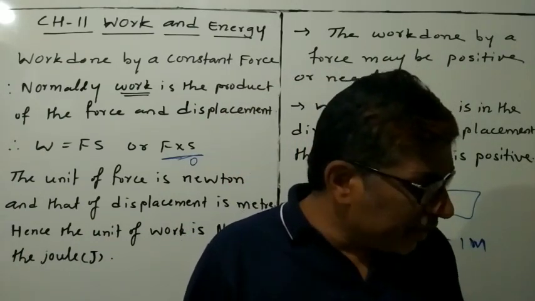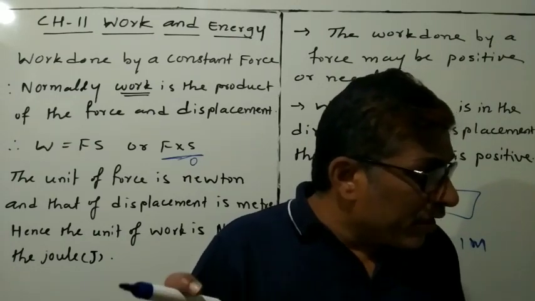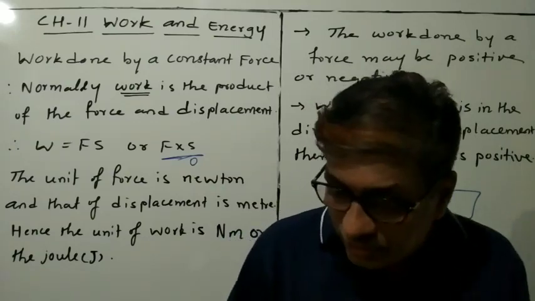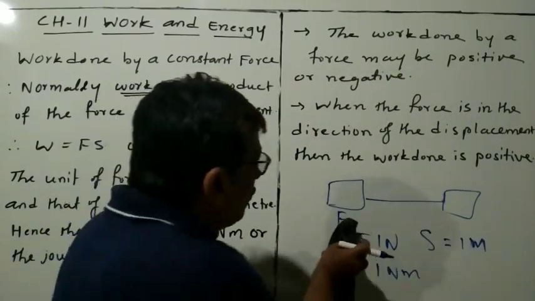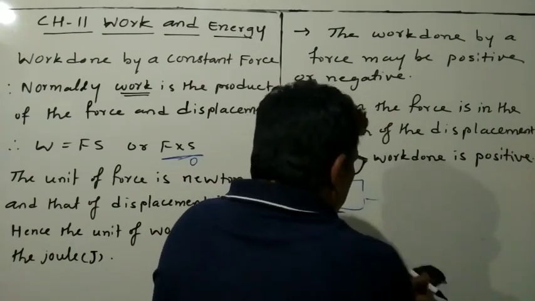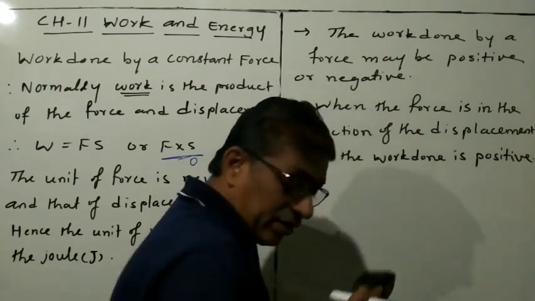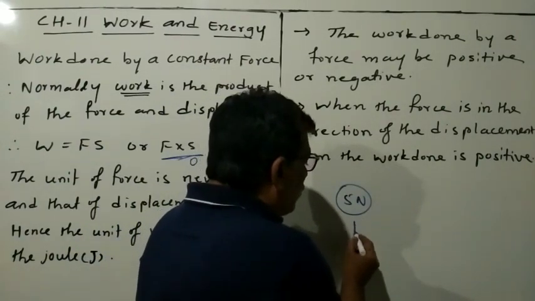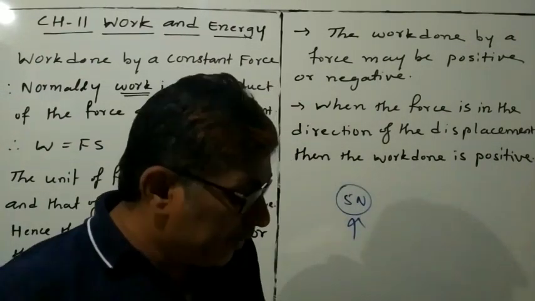Okay, dear students, here is one calculation given in the textbook. A force of 5 N is acting on an object. So try to understand this one. See here, the object will be there, and this is 5 N. Force will be applied here.